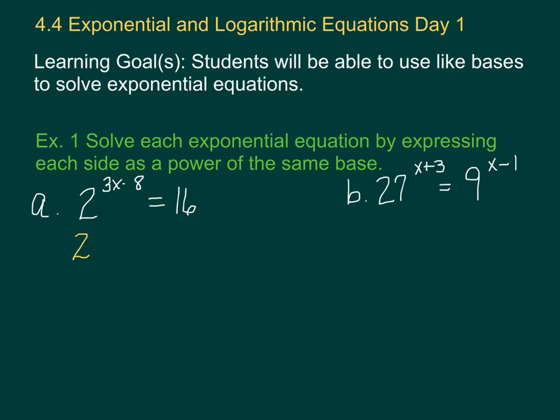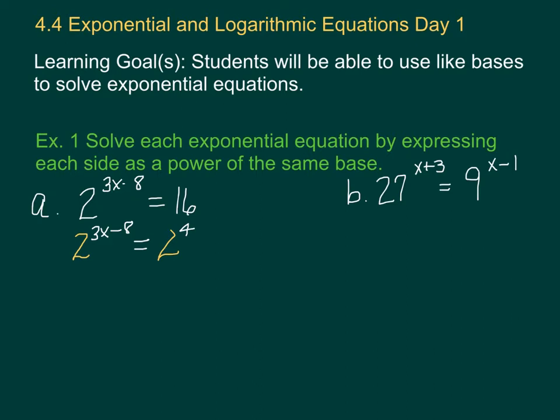Usually the base is a prime number sometimes, which means on the other side we need this base to also be 2. So you figure out 2 to the what power is 16, which is 4.